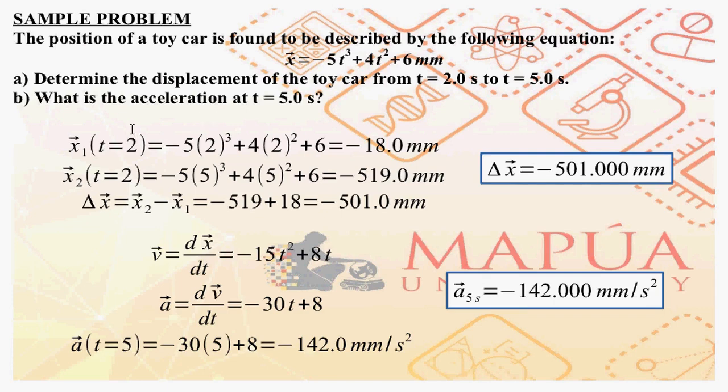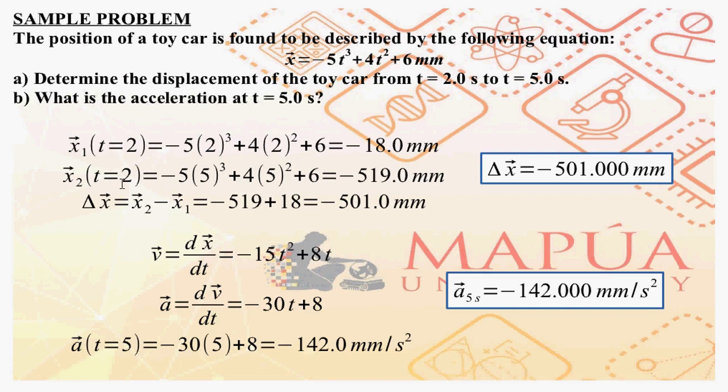For the first part, as you can see, the problem itself provides an equation that describes the motion of the object. In this problem, you are provided an equation for position x. The object moves along, and its position is being described by this equation: x is equal to negative 5t cubed plus 4t squared plus 6.